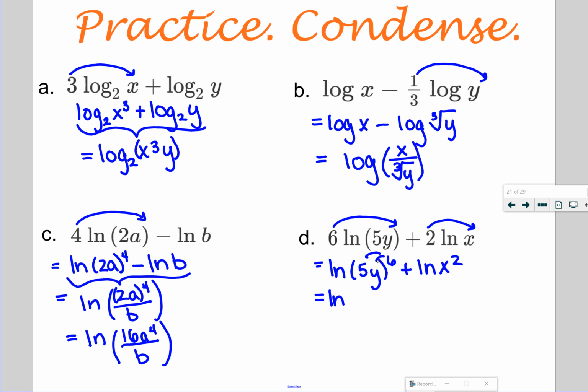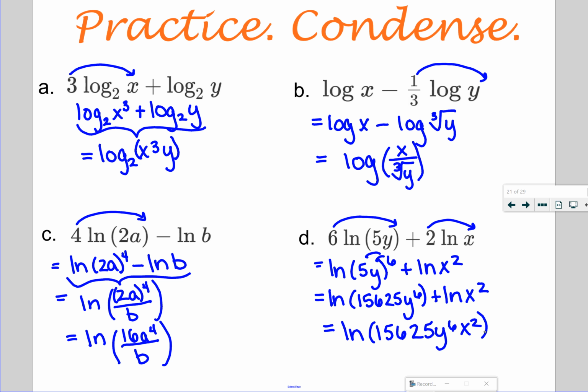I can do 5 to the 6th, which gives me a pretty big number, 15,625. Natural log x squared. And then they're added together, which means I can multiply to condense my log. So I'm going to have natural log 15,625 y to the 6th x squared is going to be our final answer.